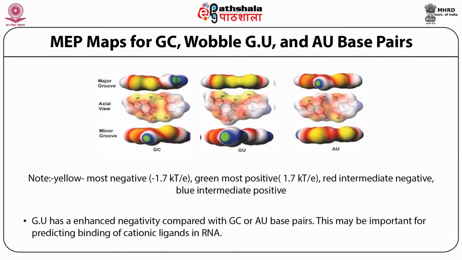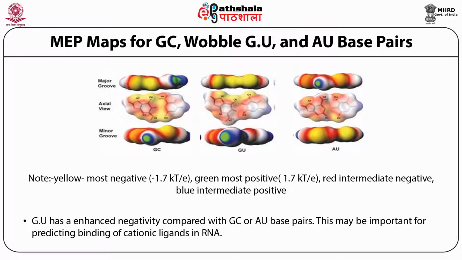We show in this figure MEP, the molecular electrostatic potential map, for GC base pair, a Wobble GU base pair, and an AU base pair. In these pictures, the yellow color shows the most negative, minus 1.7 kT by E. Green shows the most positive, 1.7 kT, and red intermediate negative, while blue intermediate positive.